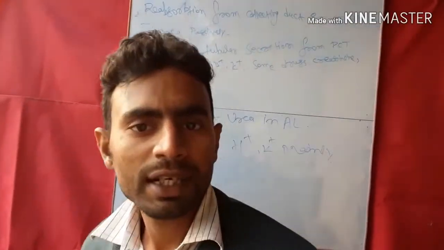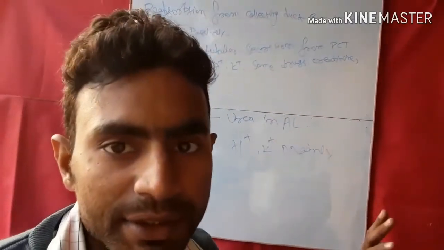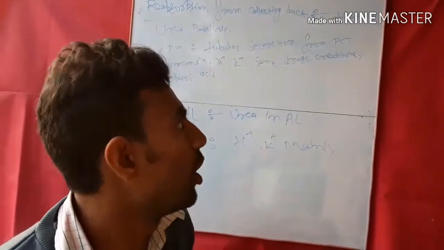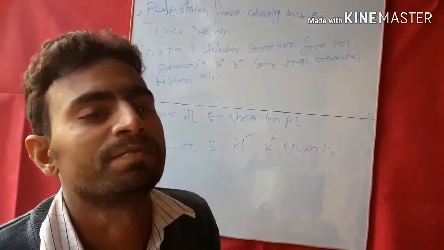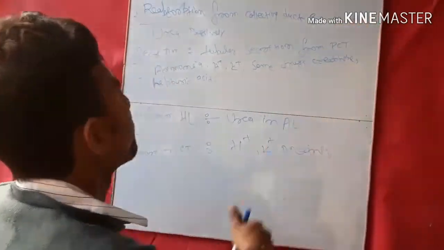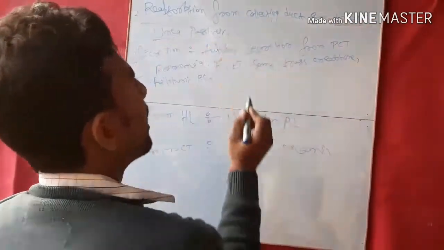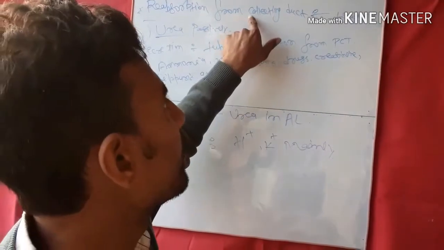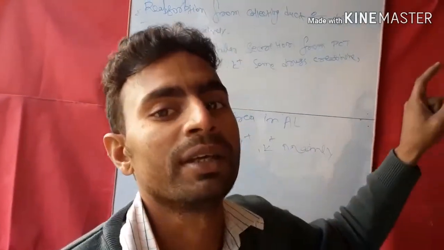Next point, reabsorption from the collecting duct. Of which things will reabsorption happen from the collecting duct? Water and urea. Water and urea reabsorption will happen from the collecting duct, but not actively.